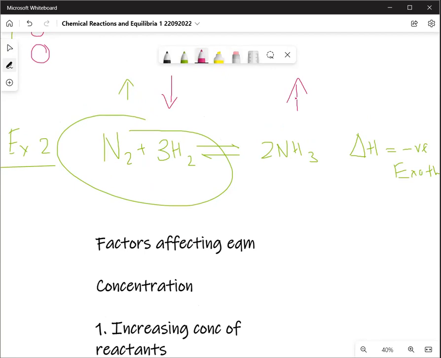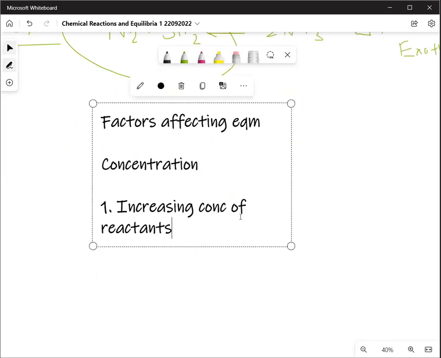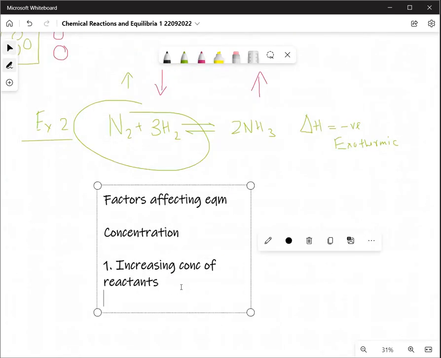So if I increase the concentration of reactants, then more products are formed to reduce the concentration of reactants.